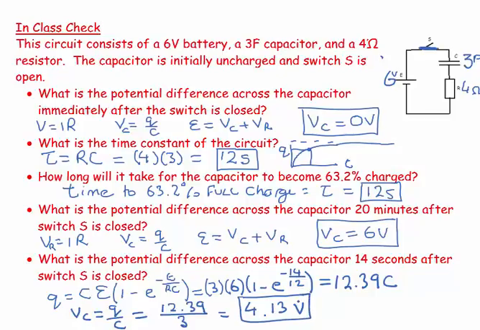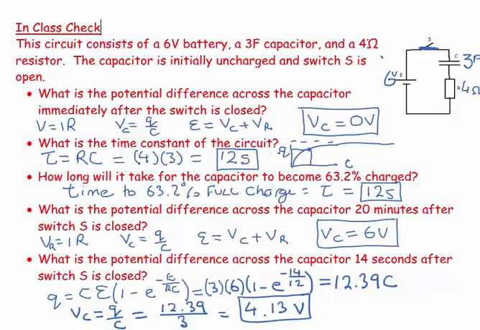And let's have a look. At the time constant, I should be 63% charged, which means I should have 63% of the potential difference. So 63% would be a little bit over 4, and I'm a little bit over 4. So it looks like a decent answer to me.